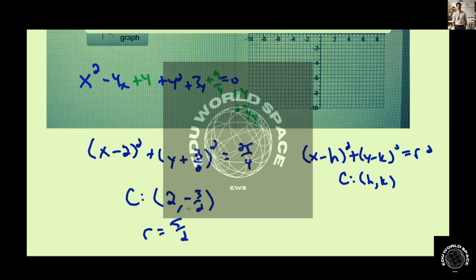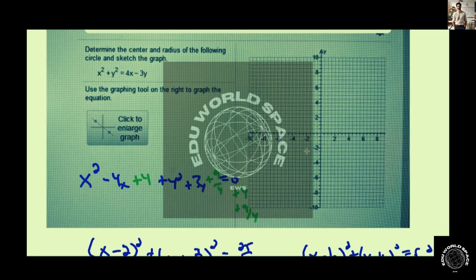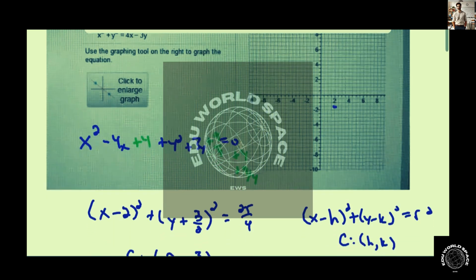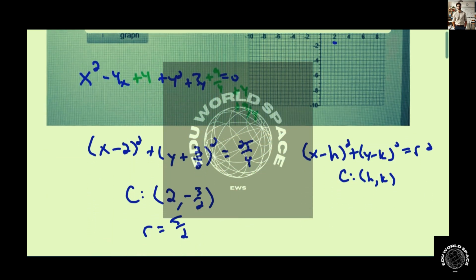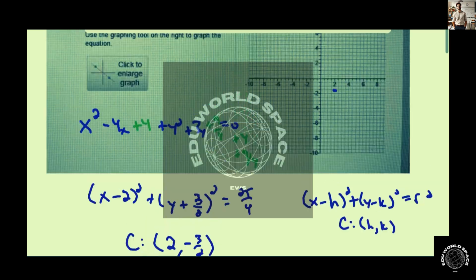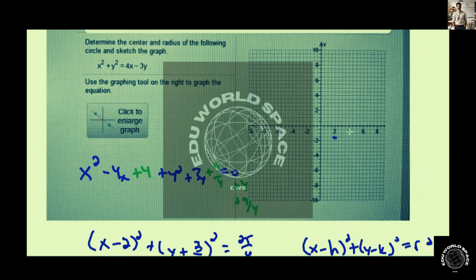So the center at (2, -1.5), and then the radius being 5/2 or 2.5, would put a point at (2, 1).